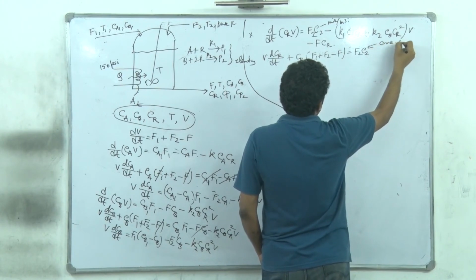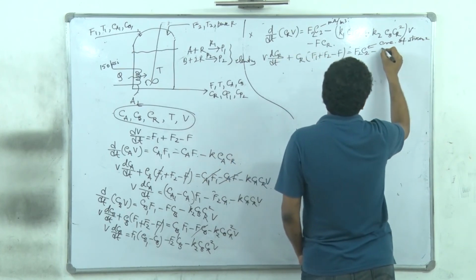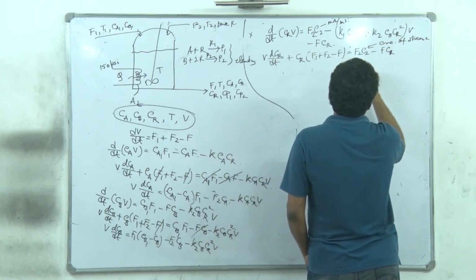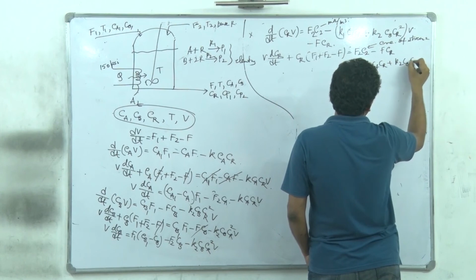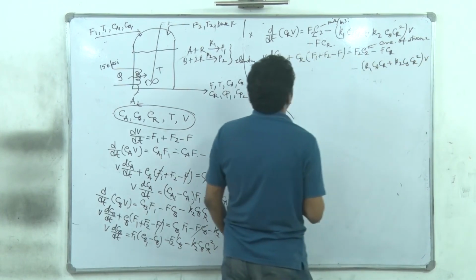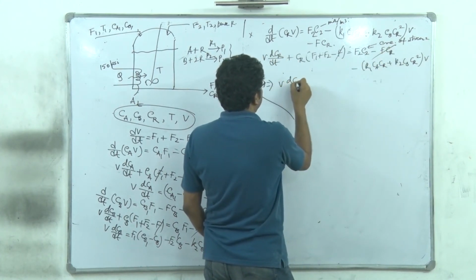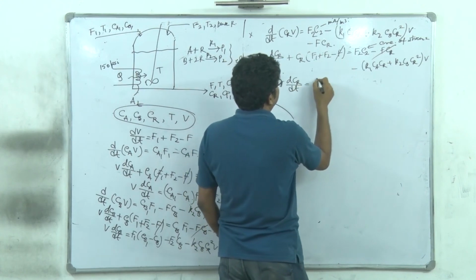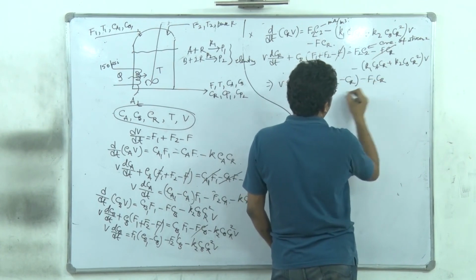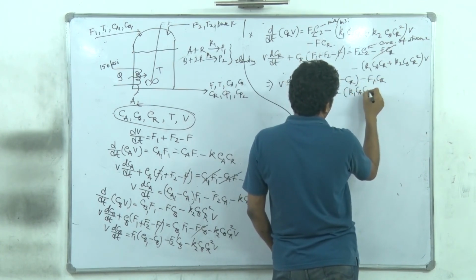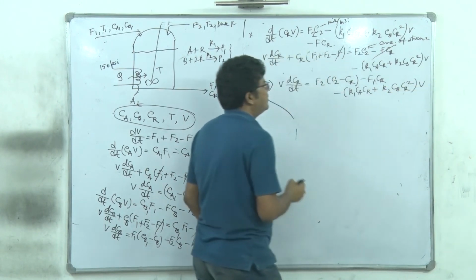is equal to F2C2. So that is the concentration of stream 2, minus FCr, then minus K1CaCr plus K2CbCr square into V. Now Cr into F, and this cancels out, then V into dCr dt is equal to F2 C2 minus Cr minus F1 Cr minus K1CaCr plus K2CbCr square whole bracket.